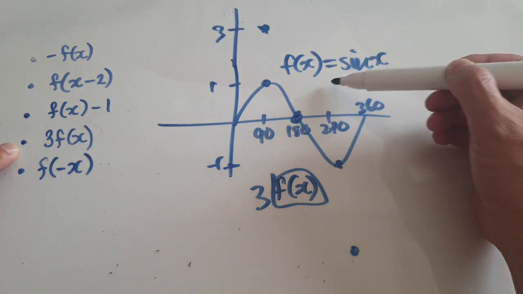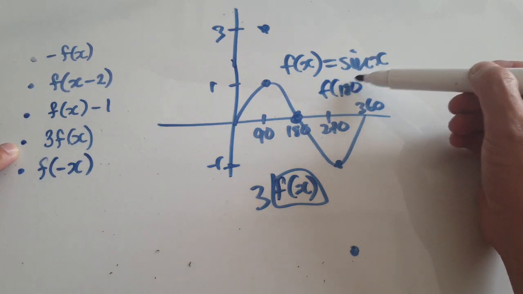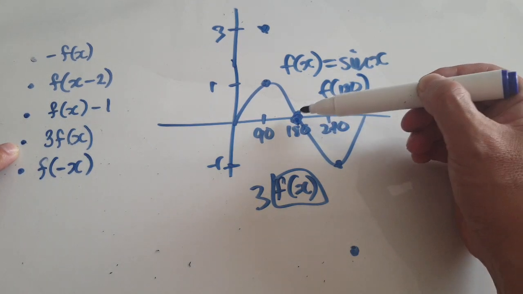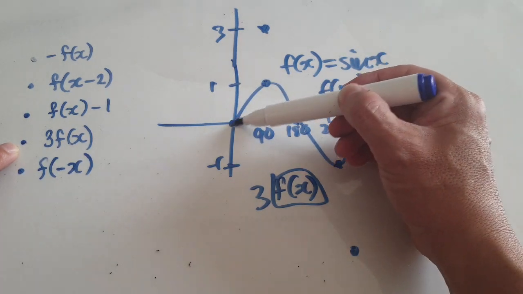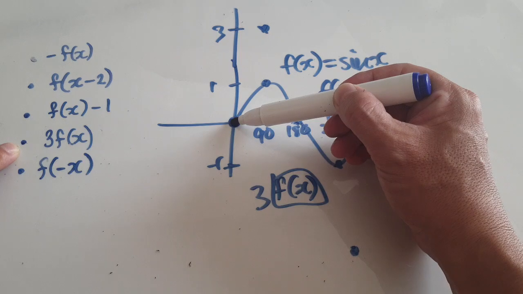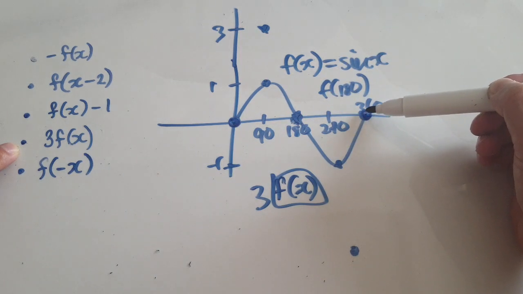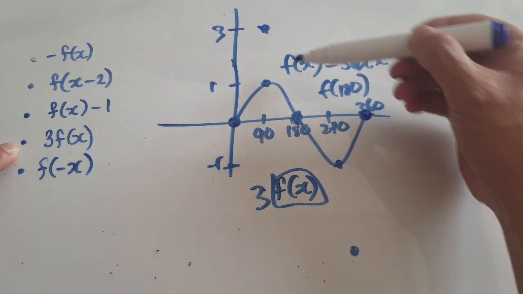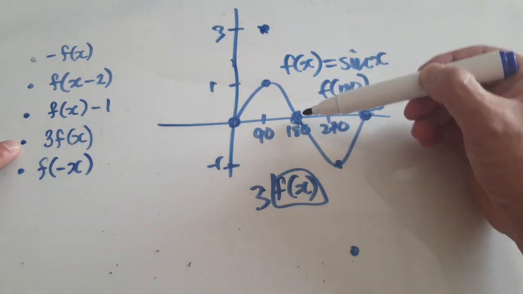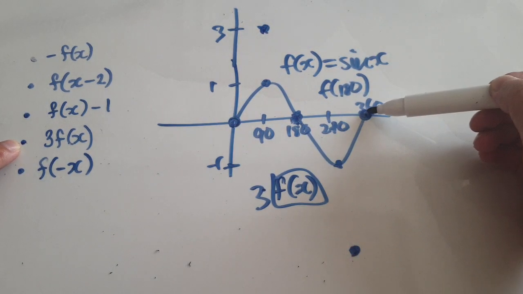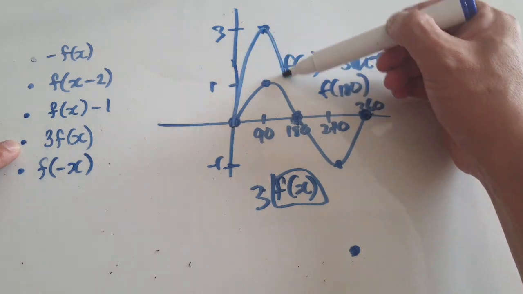And f of 180 normally is 0, but when you times it by 3, it stays 0. Here is 0 times 3, it will stay at 0. So our new function would pass through here, here, here, negative 3, 0. So it looks like this.